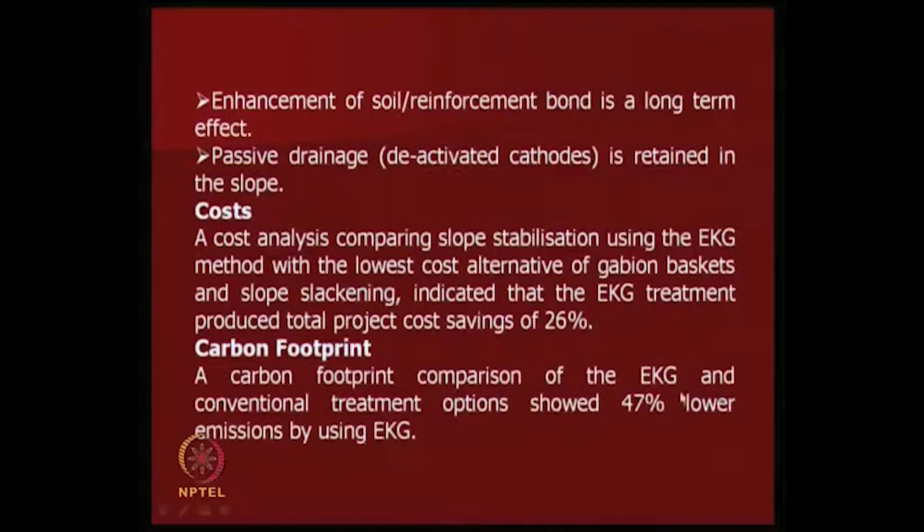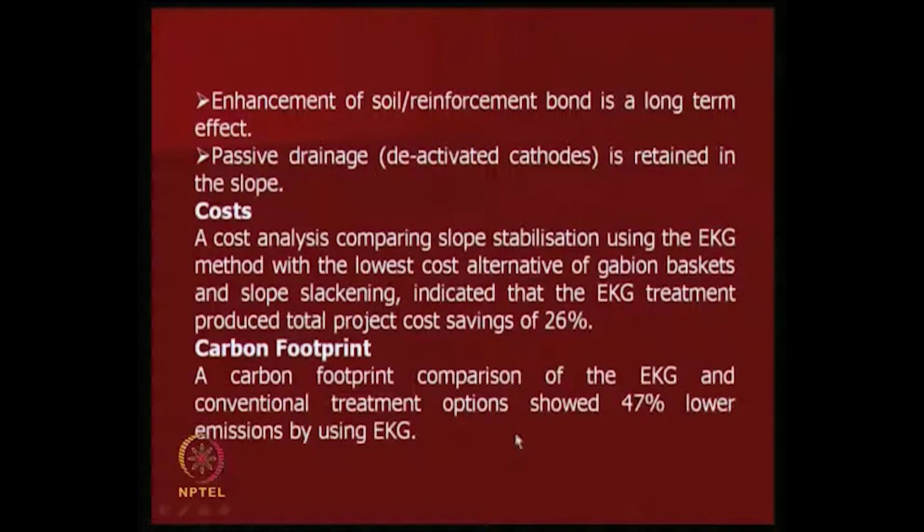So, they say that if you are using some appropriate material, the release of carbon into the atmosphere is going to be less. We call these greenhouse gas emissions. Greenhouse gas emissions are going to be less if you use the EKG technology, that is what they said.